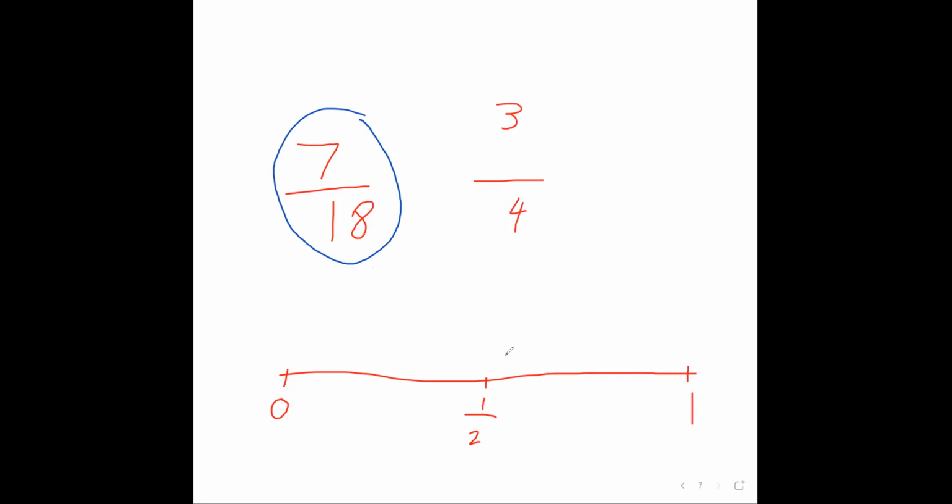Oh, 18th. So the half will be 9? Exactly, bravo. So 7, is it before the half? Closer to what? Exactly, it will be closer to the half. It's just before it. So that's the 7/18. It's here. 3/4, bravo, it's closer to the 1. So which one is greater now? Bravo, the 3/4.